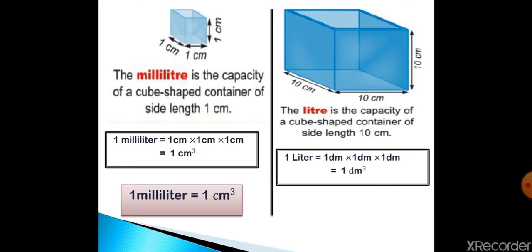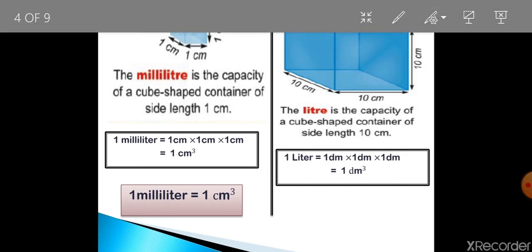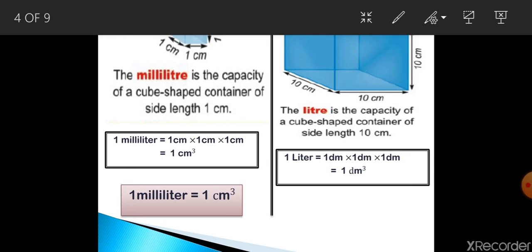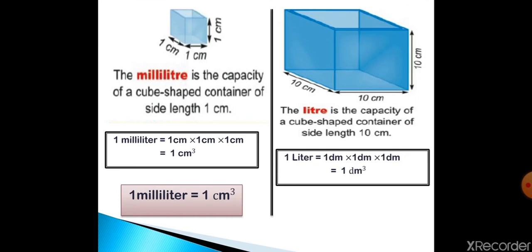So it's going to give me 1 multiplied by 1 multiplied by 1 equals 1, and decimeter multiplied by itself 3 times will give me cubic decimeter. That means the 1 liter equals 1 cubic decimeter. These are the two units I should use to measure capacity.